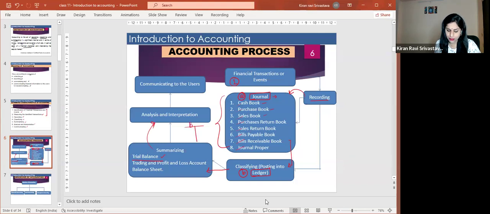We prepare the balance sheet where all the accounts from the trial balance are classified as assets and liabilities, and then we tally it. Then it is ready for analysis and interpretation. Once analysis and interpretation is done, it can be communicated to the users. So here I've just given you a bird's eye view. We will be elaborating on the whole process in the following chapters.